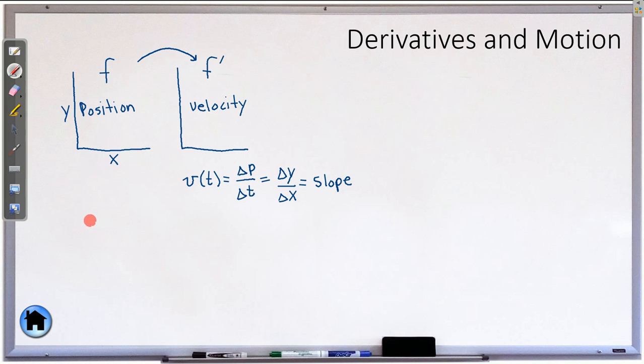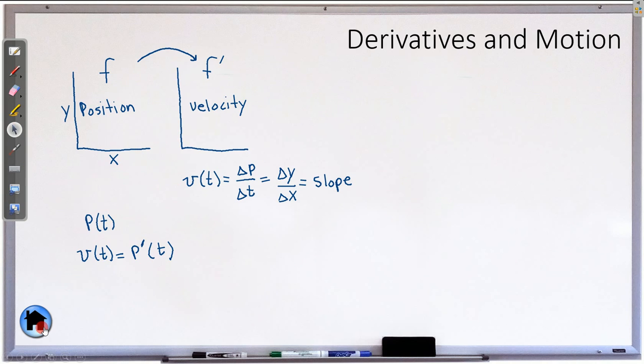So if you have your function for position and you want the velocity function, all you have to do is take your position function and take its derivative. And you'll have a function to model velocity. Alright.